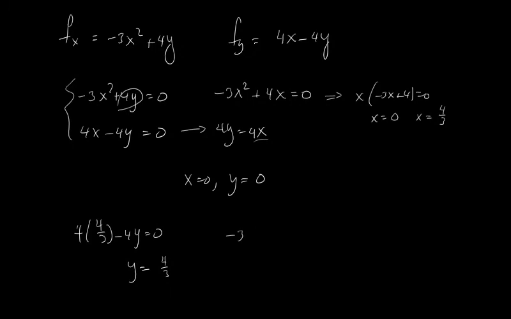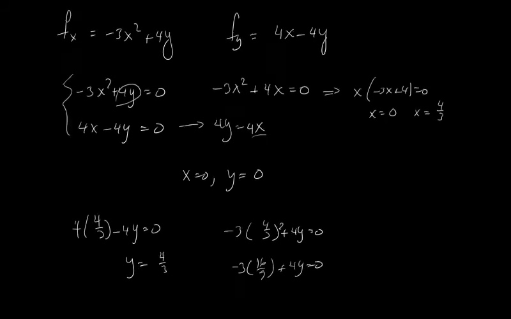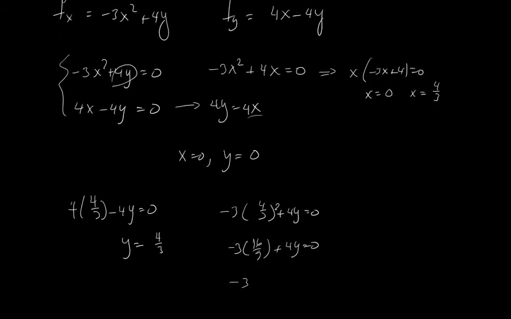If we have negative 3 times (4/3) squared plus 4y equal to 0, we have negative 3 times 16/9 plus 4y equal to 0. The 3 cancels, and we get negative 16/3 plus 4y equal to 0, which gives us y equal to 4/3. So it's the same either way.